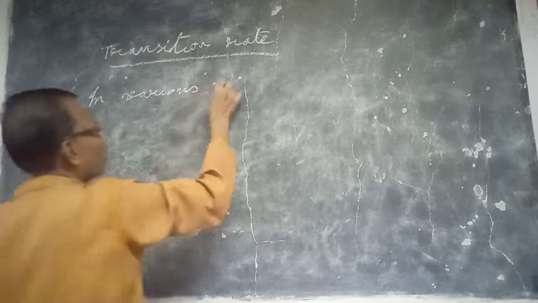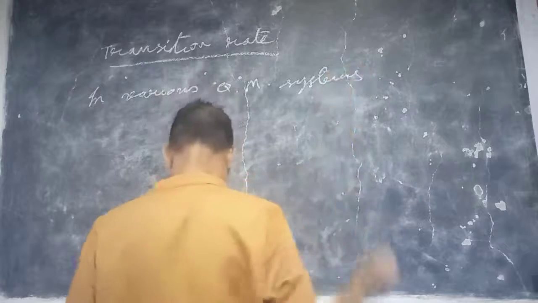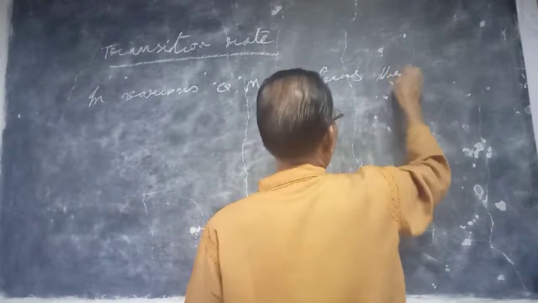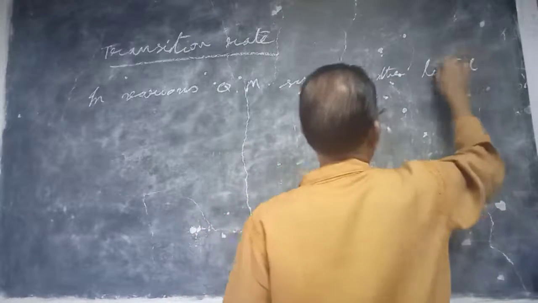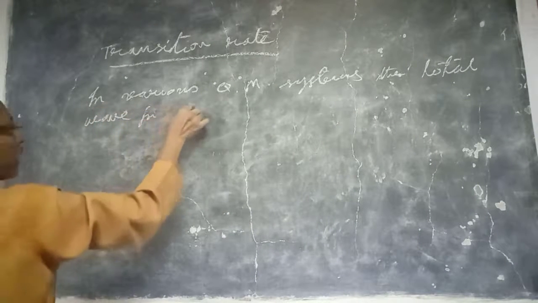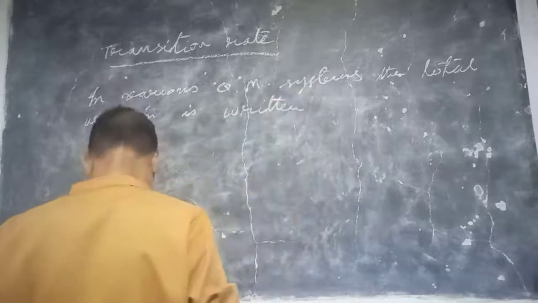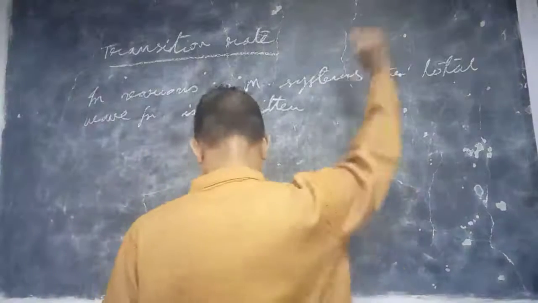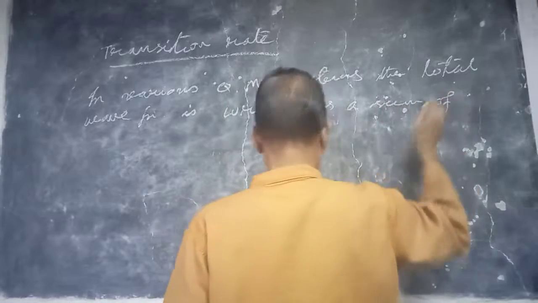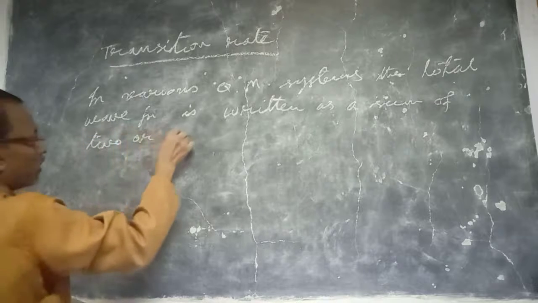In various quantum mechanical systems, the total wave function is written as a sum of two or more terms.